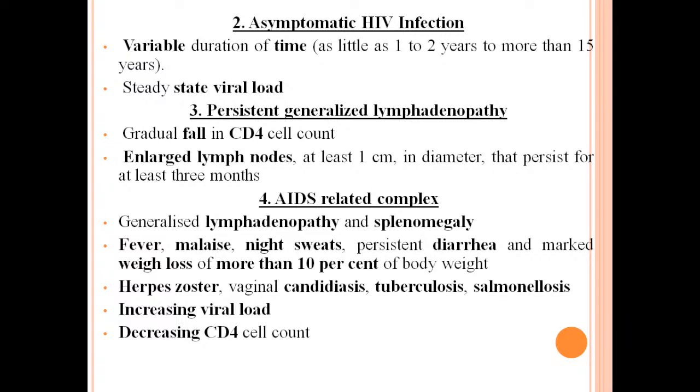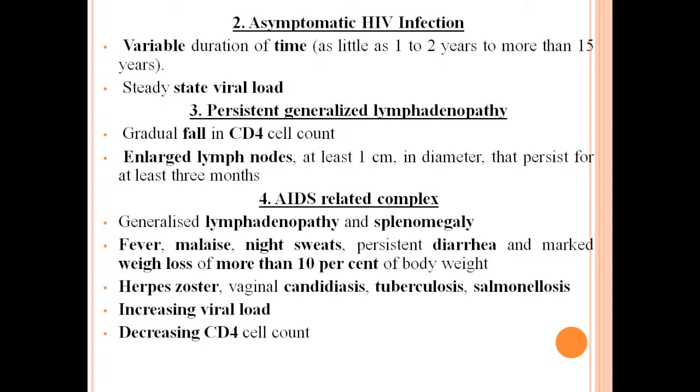The next stage is persistent generalized lymphadenopathy, when we can see a gradual fall in CD4 cell count, enlarged lymph nodes at least 1 cm in diameter that persist for at least 3 months. It is abnormal when a patient has such large lymph nodes during this long period.